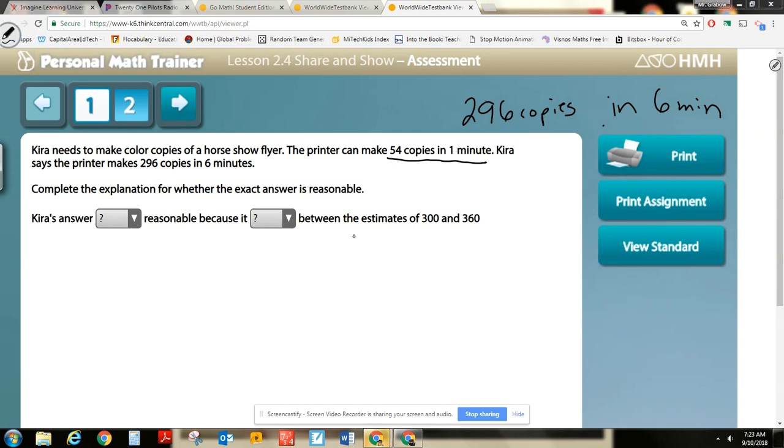Okay, so how about in 6 minutes? How many copies could it make in 6 minutes? So we're going to do 54 times 6. Well, we're estimating, right? Reasonable, estimating about. We're going to break this up into 50 or 60.